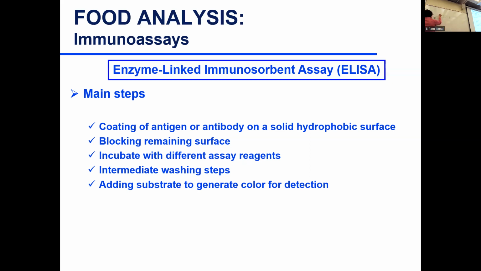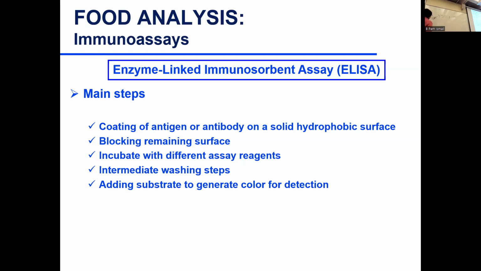You care about the sites where they bind. Okay, so my first reagent is the one that contains my first antibody. This we call capture antibody. It will be written on one of your other slides. Capture antibody.